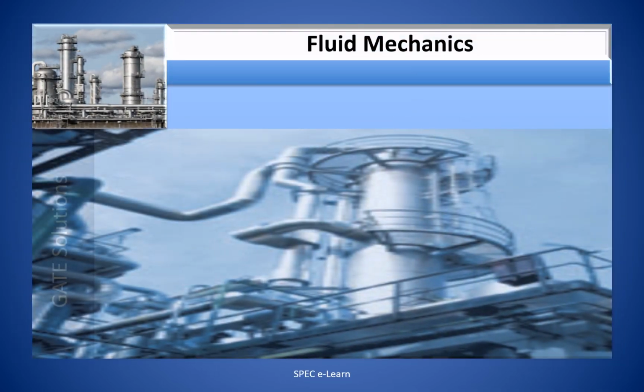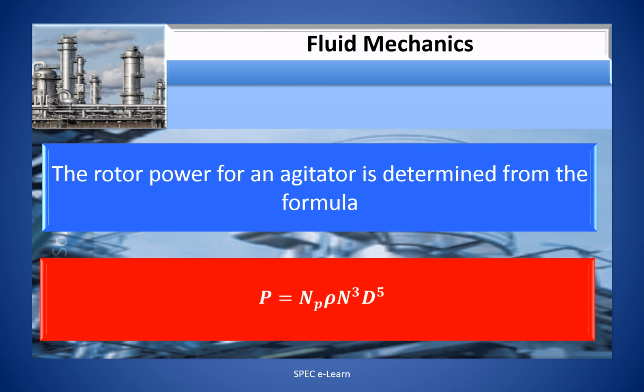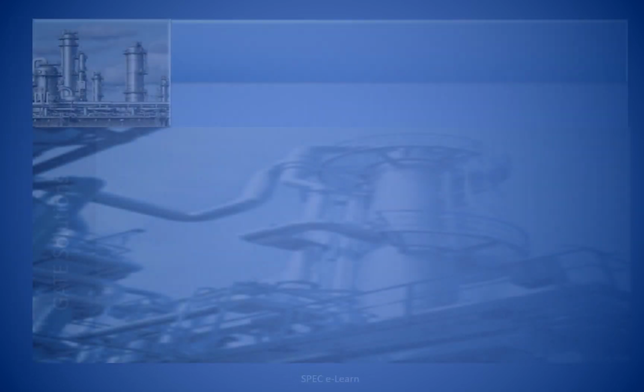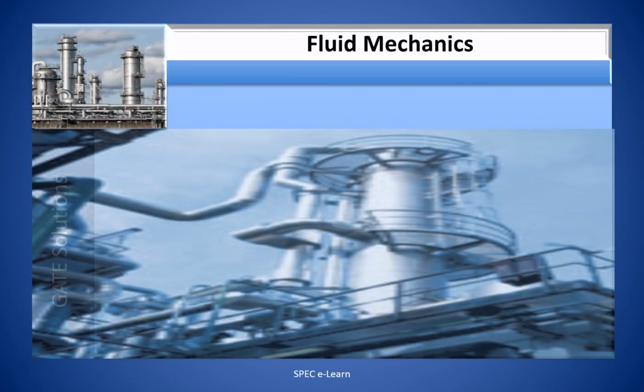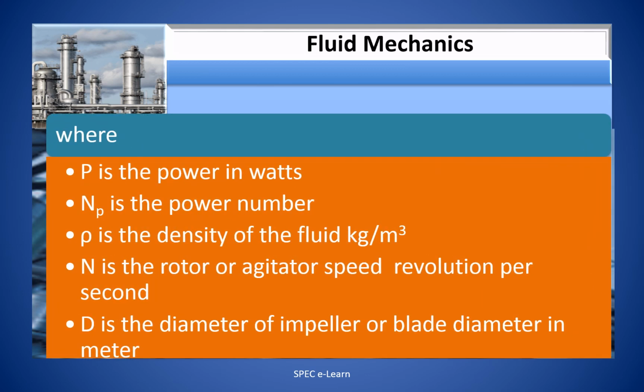The rotor power for an agitator is determined from the formula P equal to Np times rho times n to the power 3 times d to the power 5, where P is the power in watts, Np is the power number, rho is the density of the fluid in kg per cubic meter, n is the rotor agitator speed, revolution per second, d is the diameter of the impeller or blade diameter in meter.